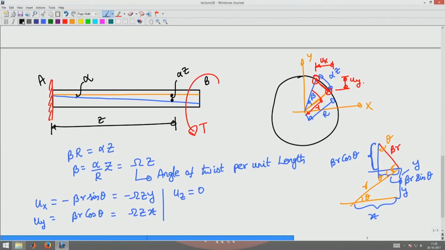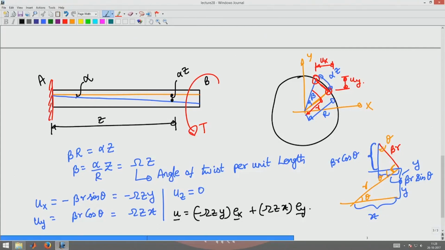Putting all this together, you get your displacement field u to be minus omega z y ex plus omega z x ey, because you assume no warping.